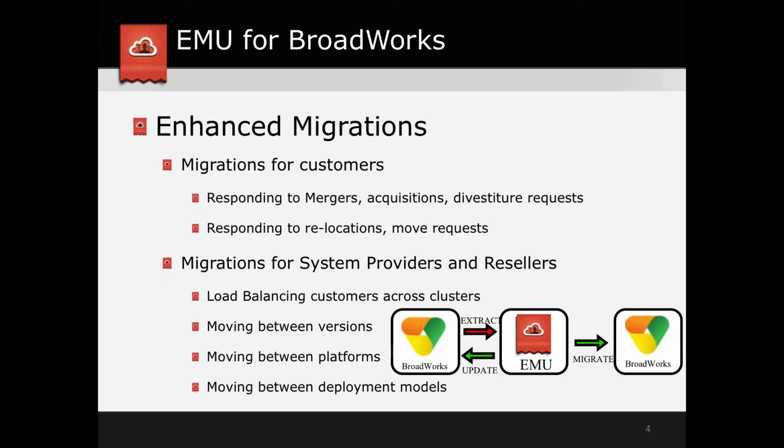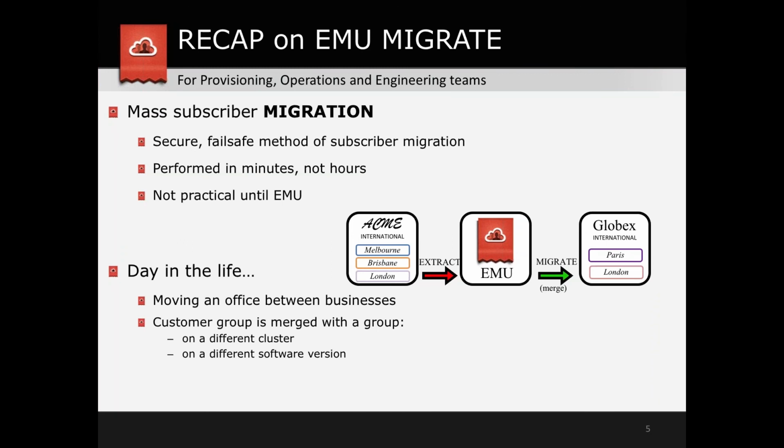So the first scenario that we're going to run you through today to demonstrate the migration enhancements in this 4.2 release of EMU is we have a client, a customer, Acme International.